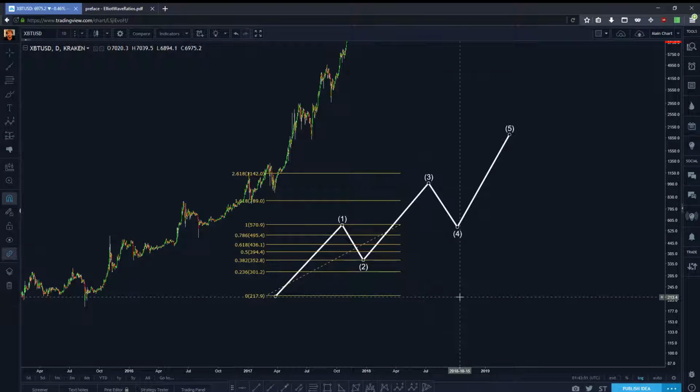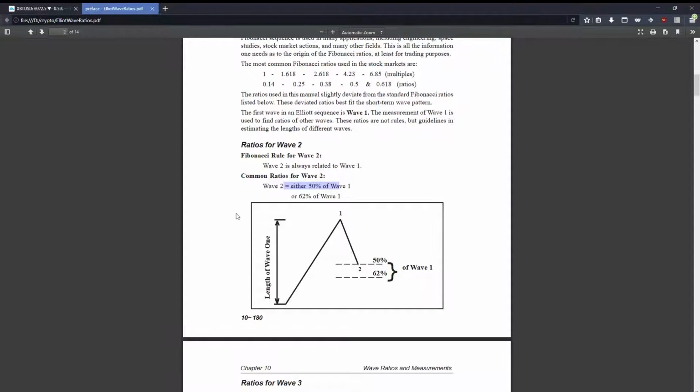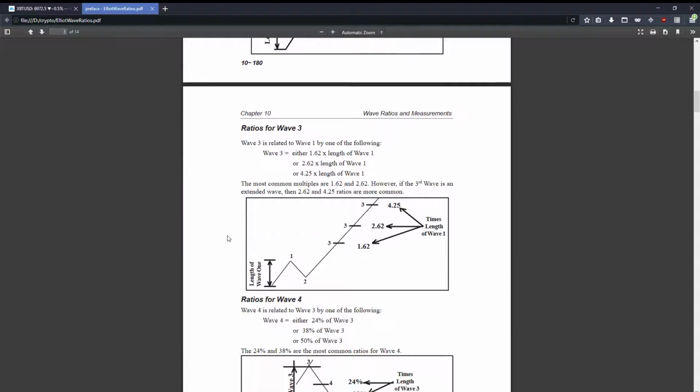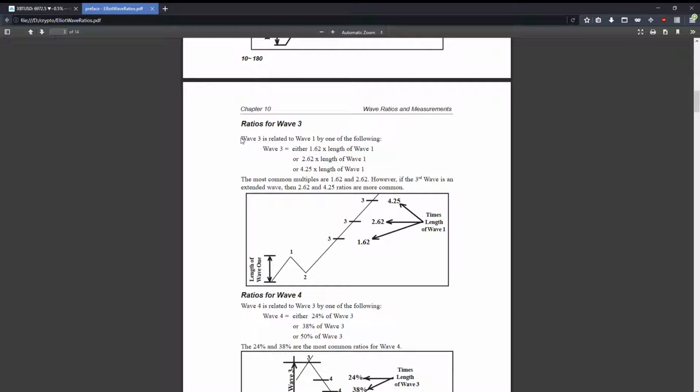For calculating wave 3, generally what we want to do at this point is make sure that the price bounces nicely off of one of these fibs, and then we can start calculating wave 3. So it's quite simple. Again, these are guidelines, but ratios for wave 3: wave 3 is related to wave 1 by one of the following.